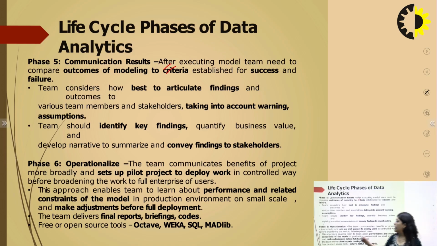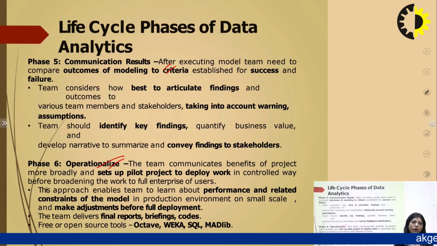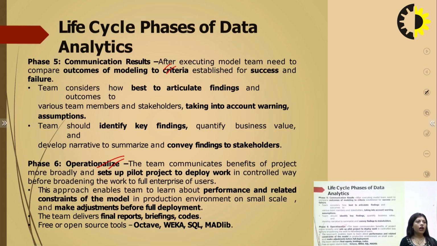After that, last is operationalize. In operationalize, the team communicates the benefit of the project more broadly and sets up a pilot project to deploy work in a controlled way before broadening the work to the full enterprise of users. This approach enables the team to learn about performance and related constraints of the model in a production environment on a small scale and make adjustments before full deployment.